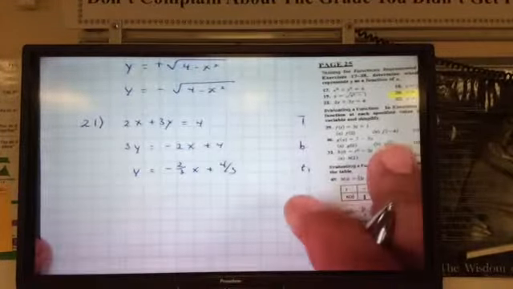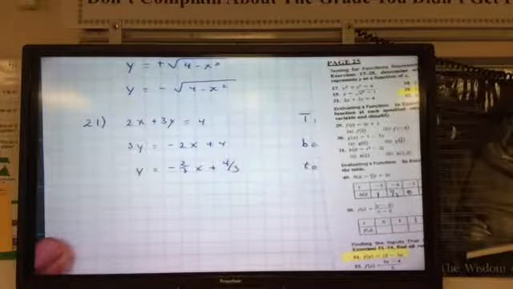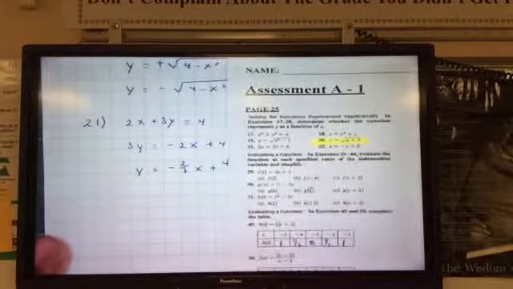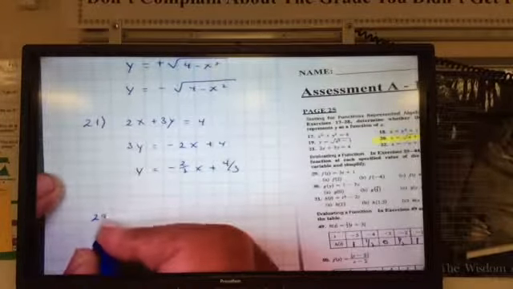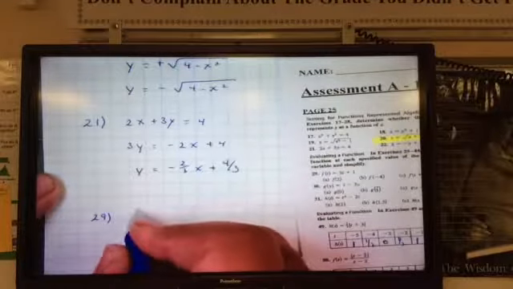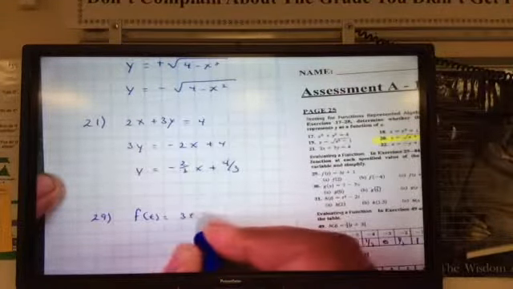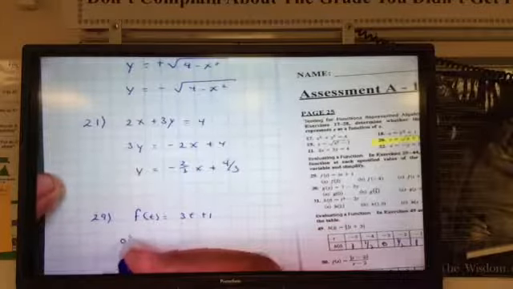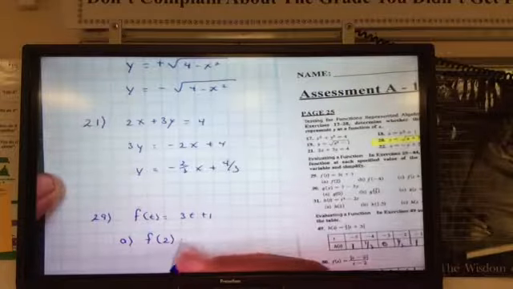Now the next section has to do with evaluating a function. Now when we're evaluating a function, we're just going to plug in some values here. So I'll do number 29. So we're given the equation f of t equals 3t plus 1. Part A says that t is going to be 2, so we're looking for f of 2.